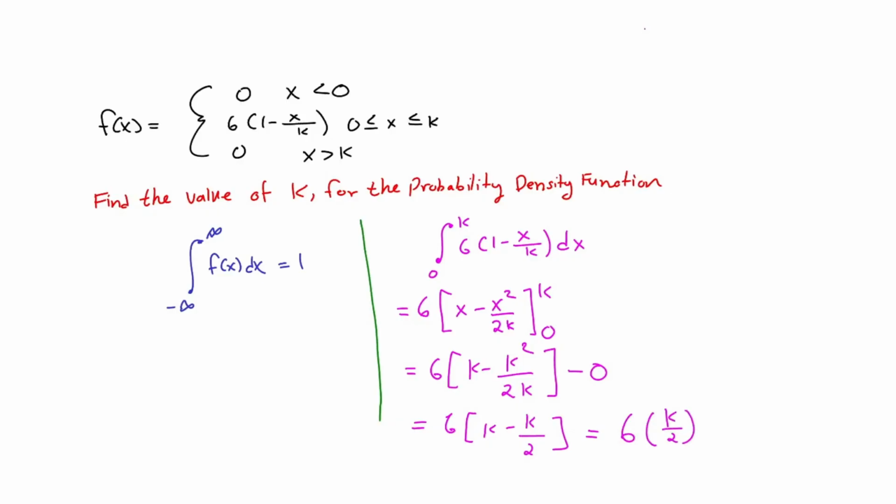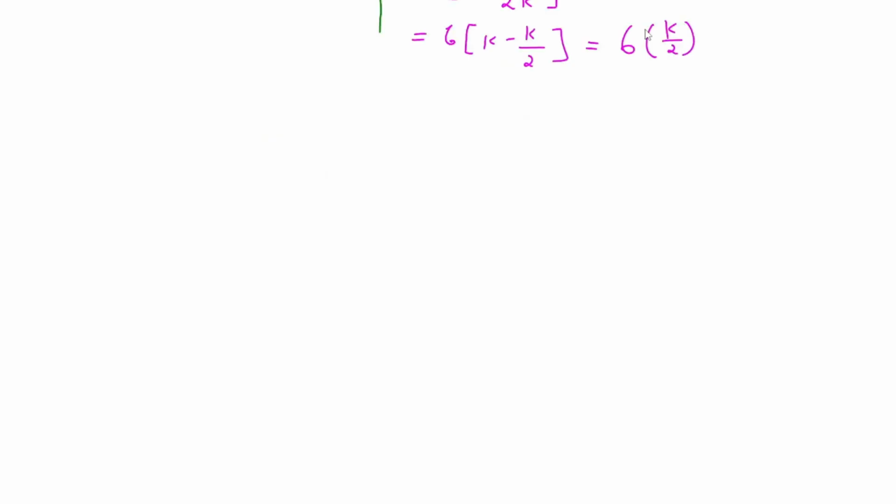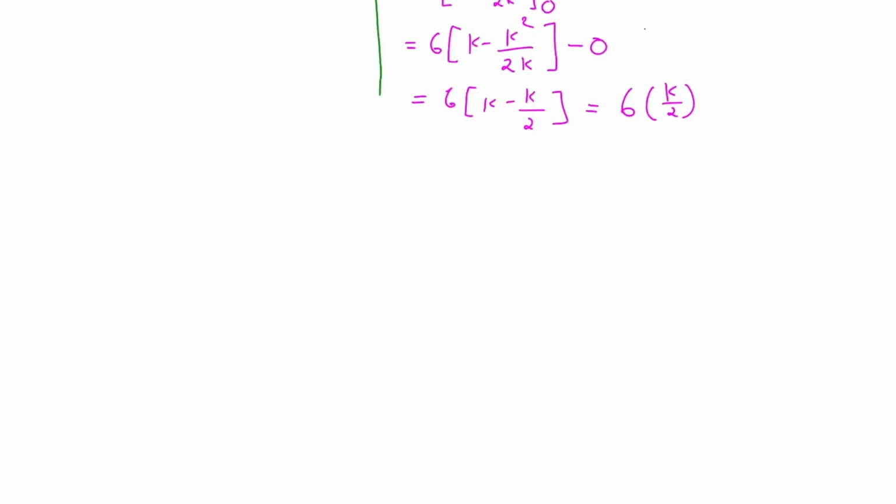Now remember that this is going to be equal to 1, right? This is going to be equal to 1. So you have to keep this in mind. So what can we do with this 6 times k over 2? We know that this will just be equal to 6k over 2, and so this is equal to 3k.